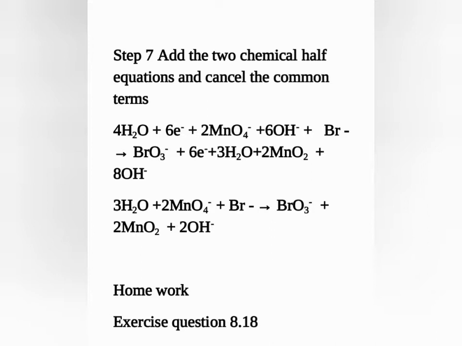And sometimes water molecules or OH minus ions will be there, so all these terms can be cancelled, and the final answer will be like this: 3H2O plus 2MnO4 minus plus Br minus gives BrO3 minus plus 2MnO2 plus 2OH minus ions. And we can see that in the equation we have 2OH minus ions. That means the reaction is taking place in the presence of a base.